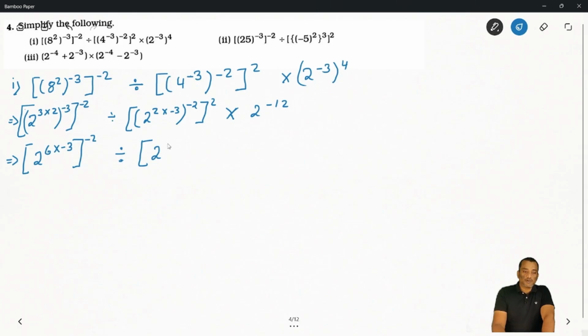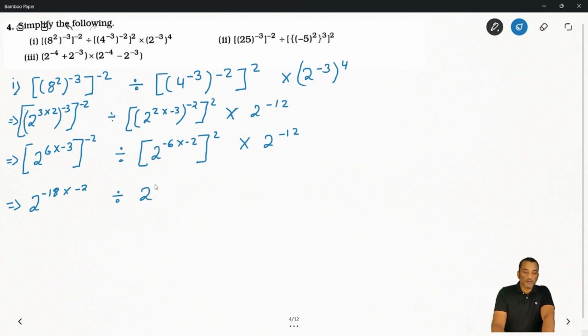So 2 to power minus 6 times minus 2 and the whole is a square, and times 2 to power minus 12. Okay, now after that you can remove the square brackets. So you can say 2 to power minus 18 times minus 2. Okay, and divided by, again you can remove the square bracket.